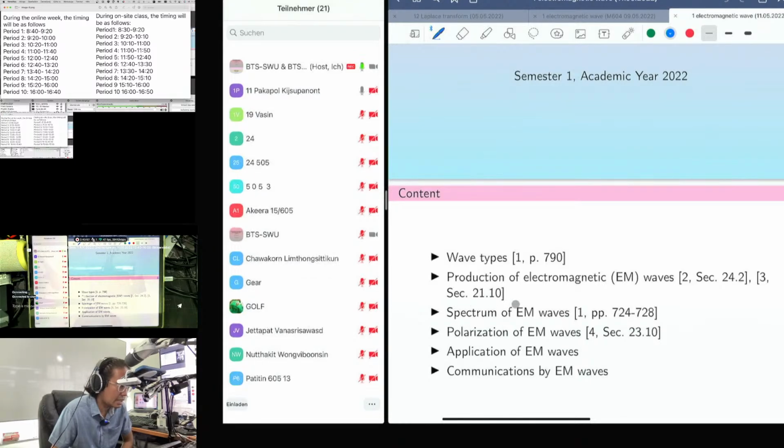We will see different frequency bands of the EM wave right here. The next one is the polarization of the electromagnetic wave.